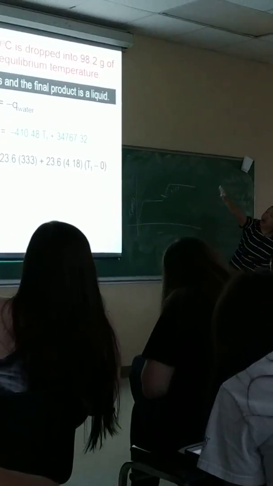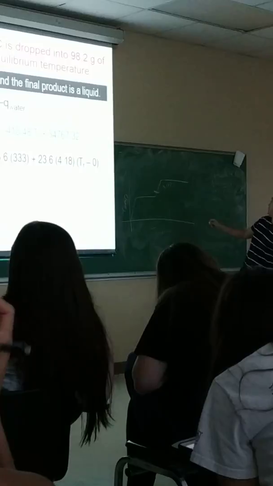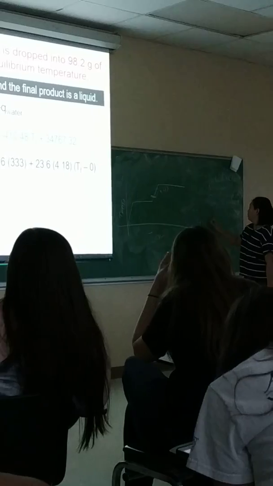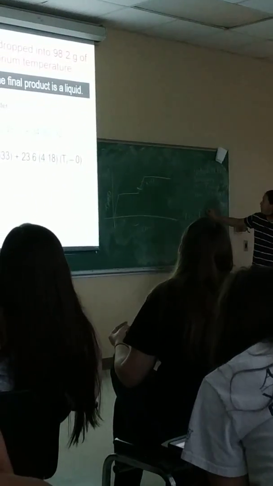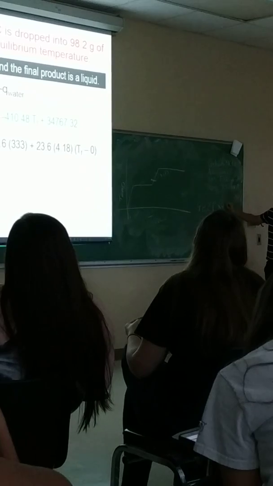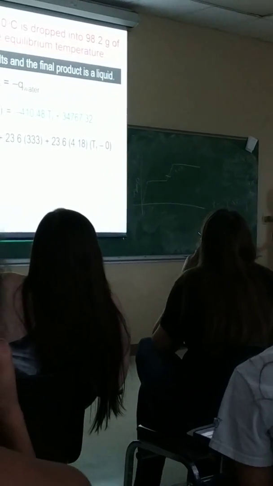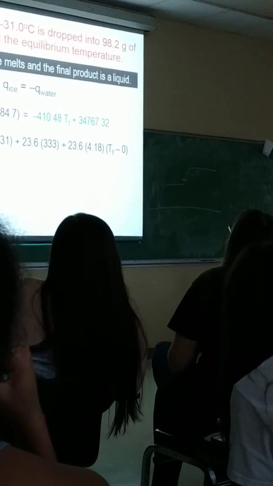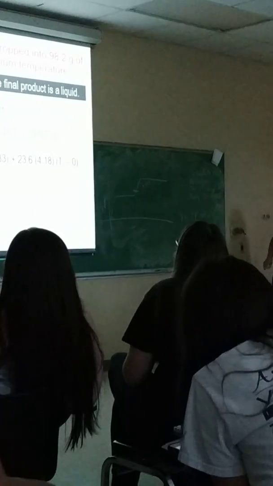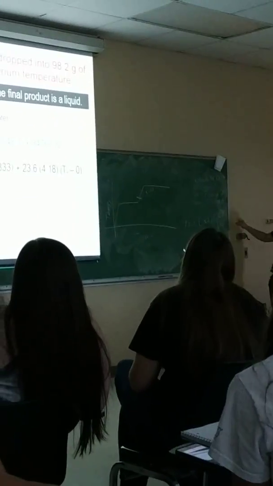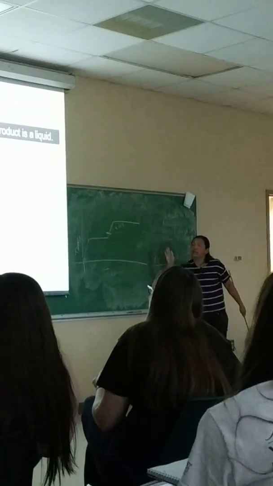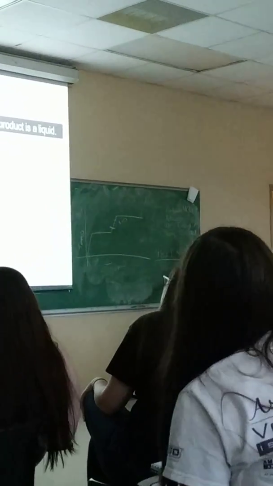So the hot water is 98.2 grams times the heat capacity 4.18, times the delta T, which is 84.7 minus the final temperature. That's the energy that this water will release to the ice to melt it.